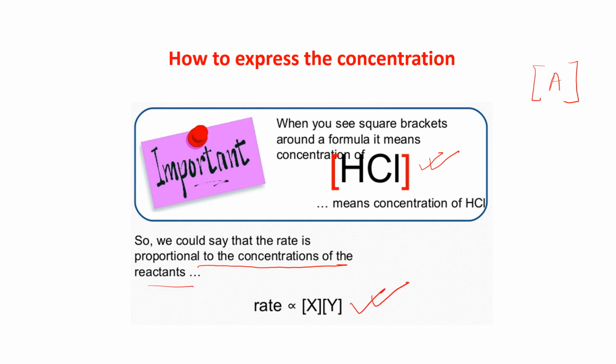We can write in this way: rate is proportional to [X][Y], and if I want to equate it, I have to put one K here. That means the rate depends upon the concentration of X and Y, if X and Y are the reactants.